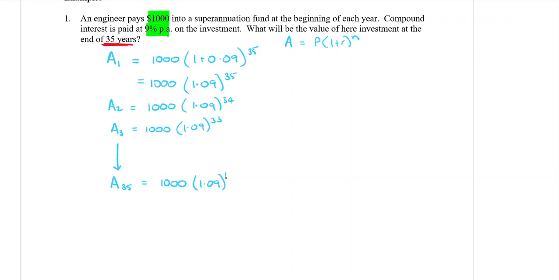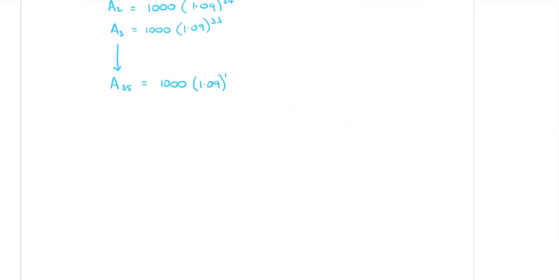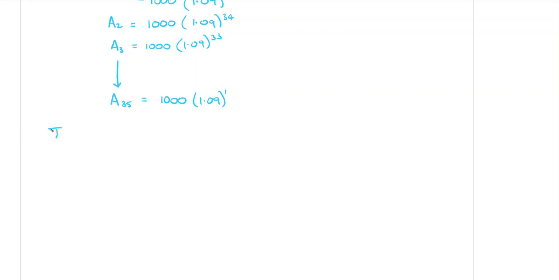Okay, so these A1, A2, A3, all the way down to A35, they are individual compound interest calculations on the 35 lots of $1,000 that these people have put into their account. I want to find the total amount, so I want to sum it up. Okay, so down here, I'm going to write total for the total amount that this person has earned.